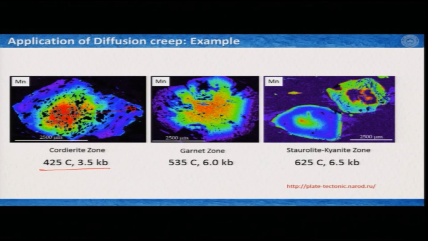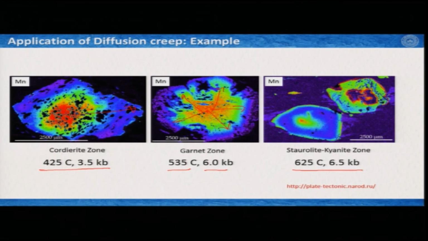When temperature is elevated and pressure as well, to 535 degrees centigrade and 6 kilobars in the garnet zone, you see that these manganese elements are diffusing towards the rim. And at even higher temperature and pressure in the staurolite kyanite zone, you see that this manganese is more or less homogeneously distributed, and even its concentration has increased at the rim, and also at the inclusion boundaries.